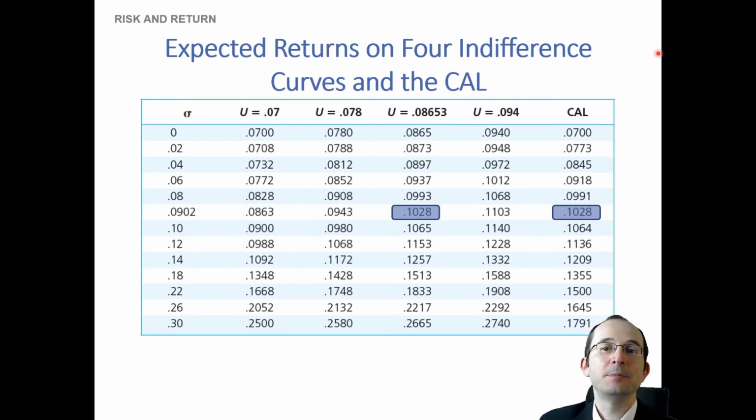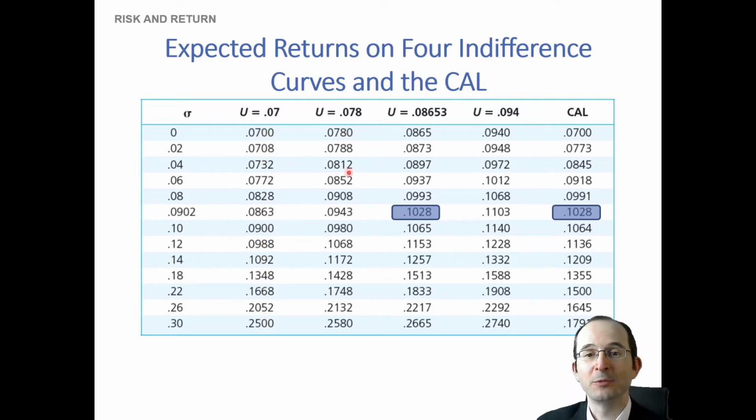So now let's actually compute some indifference curves, specifically these four, targeting four different levels of utility. Remember, we're essentially saying, what does your risk premium have to be such that, given any level of volatility, your utility is constant. In this case, let's say your utility is constant at 0.07. Well, here are the risk premiums you would have to have for each level of volatility to make that true.